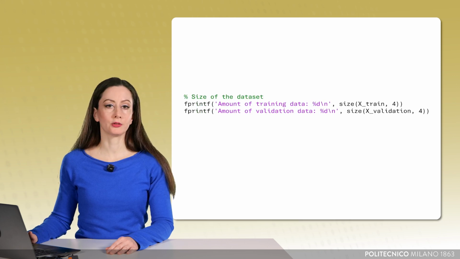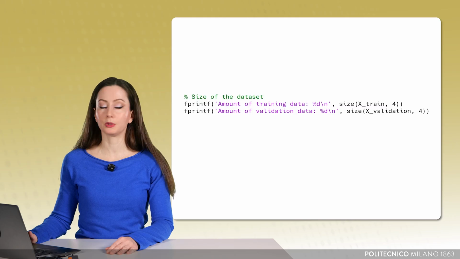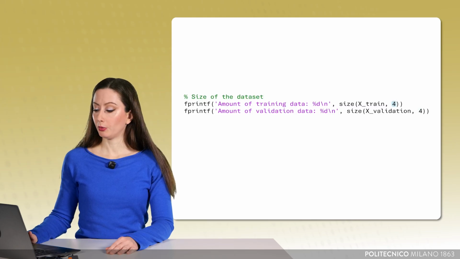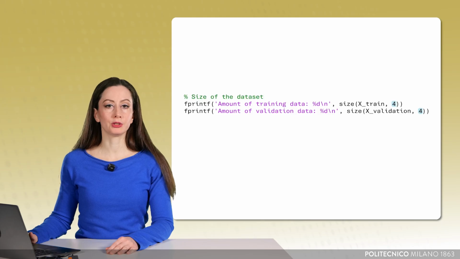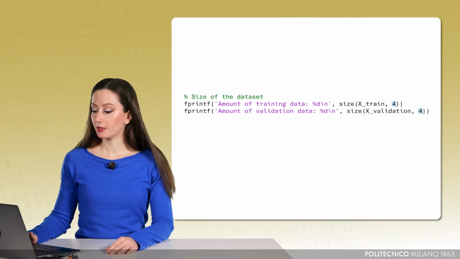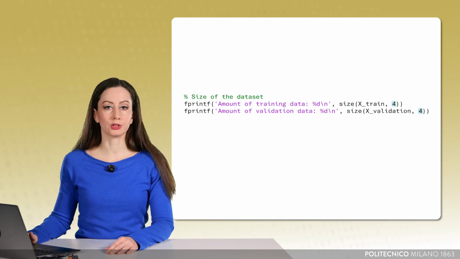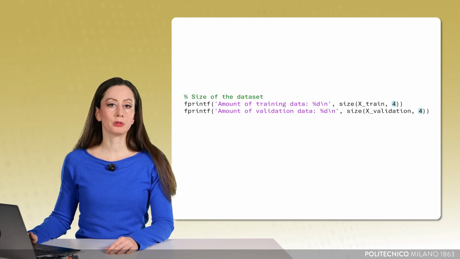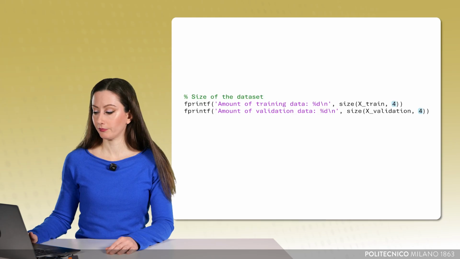Using the size function on xtrain and X validation, we can see how many samples each dataset contains. But these are 4D arrays because images are 3D arrays. So to get the number of images, we look at the 4th dimension of the array, passing the argument 4 to size.